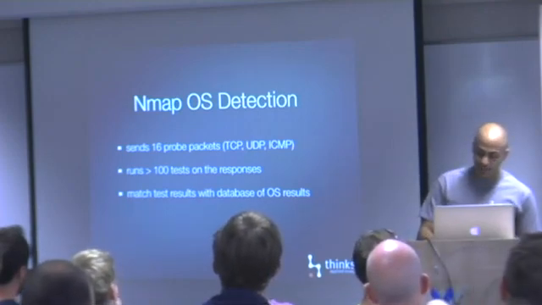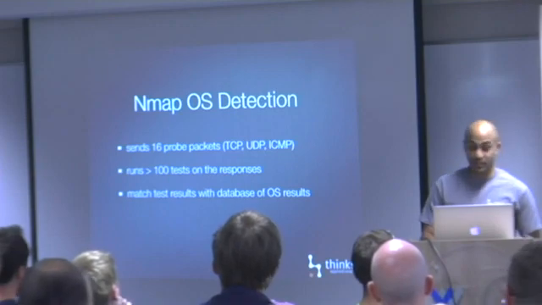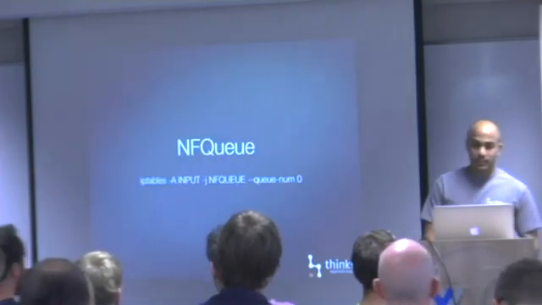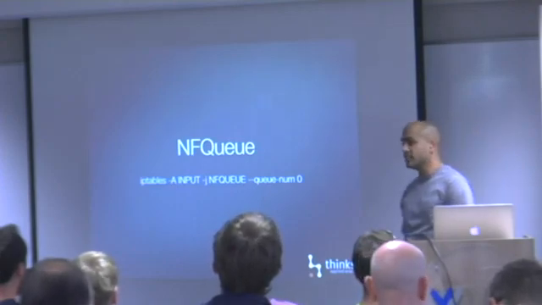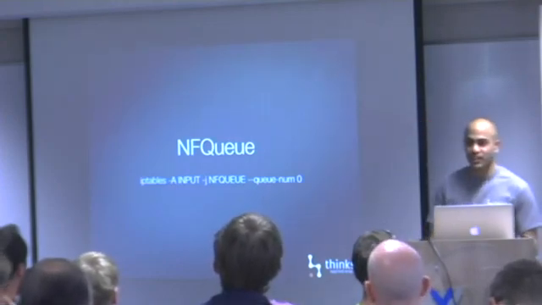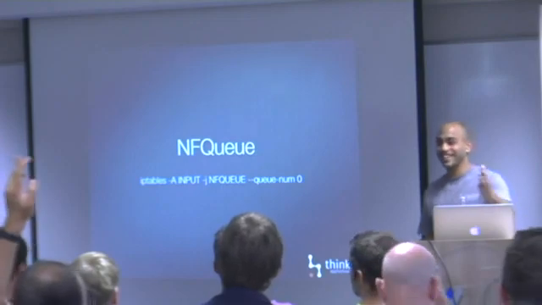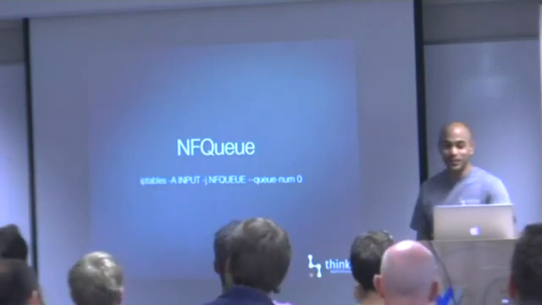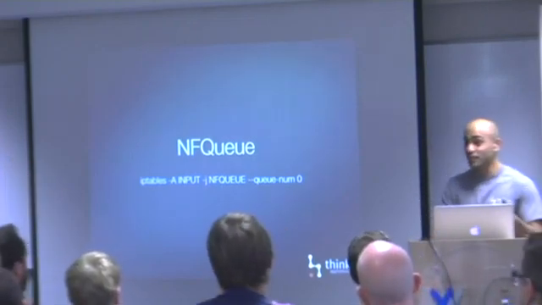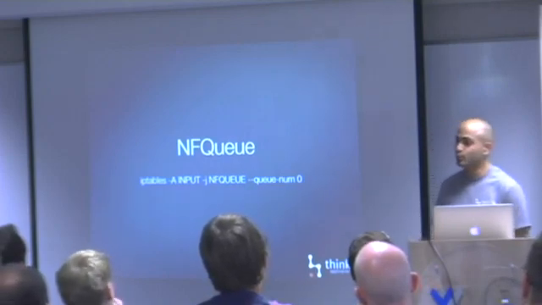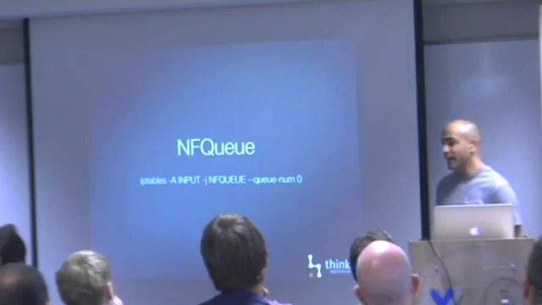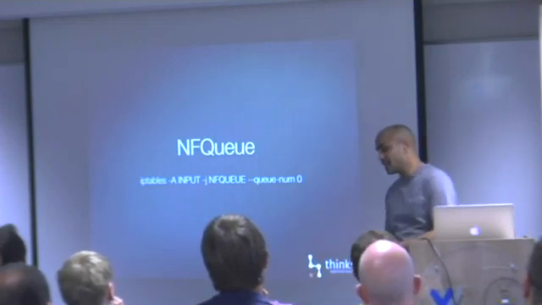But central to this approach is a module called NFQ that exists on Linux for iptables. I'm not sure, has anyone used NFQ? Great. Okay, so you guys are all pretty much familiar with it. But for those who aren't aware of it, it essentially just allows you to set up a rule where you tell the kernel, okay, this packet is coming in.